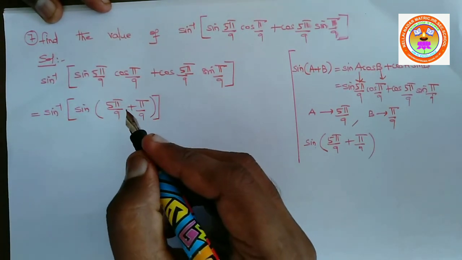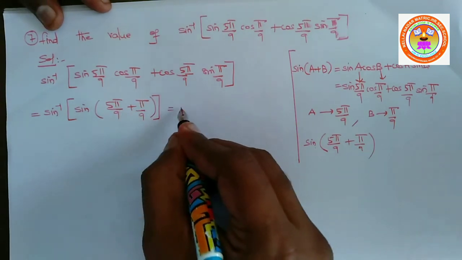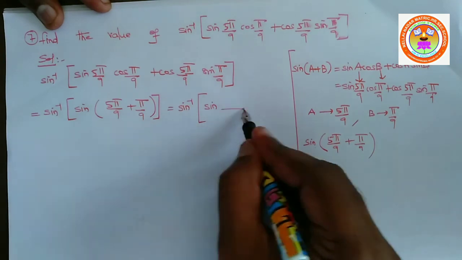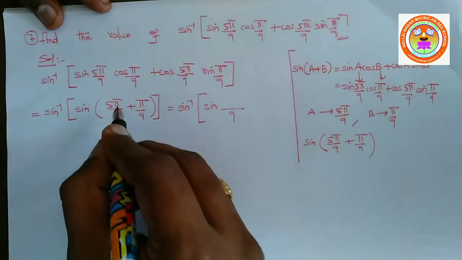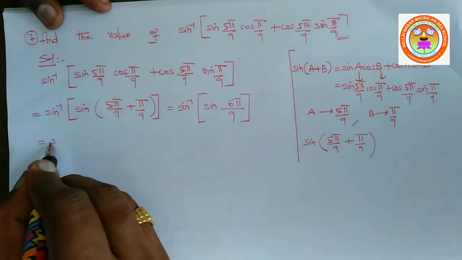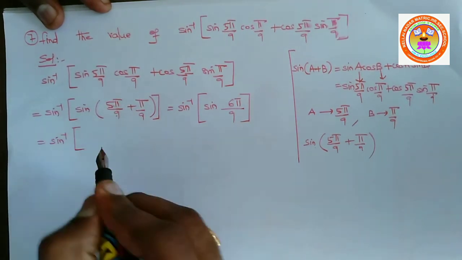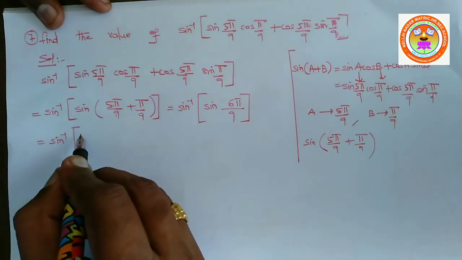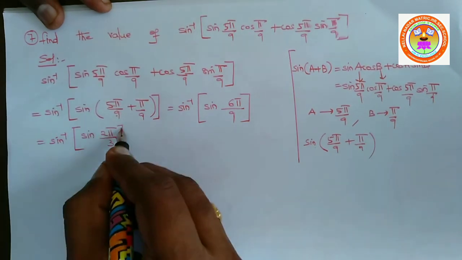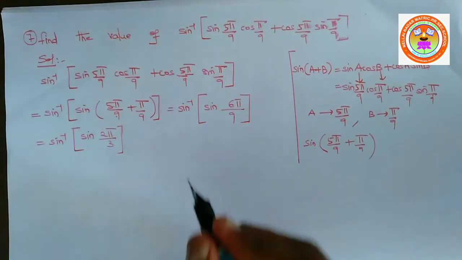So sin inverse of sin(5 pi by 9 plus pi by 9). 9 is common, so put only one 9: 5 pi plus pi is 6 pi by 9, which equals sin inverse of sin, with 6 and 9 cancelling, 2 pi by 3. So here sin inverse comes, and you know the formula.